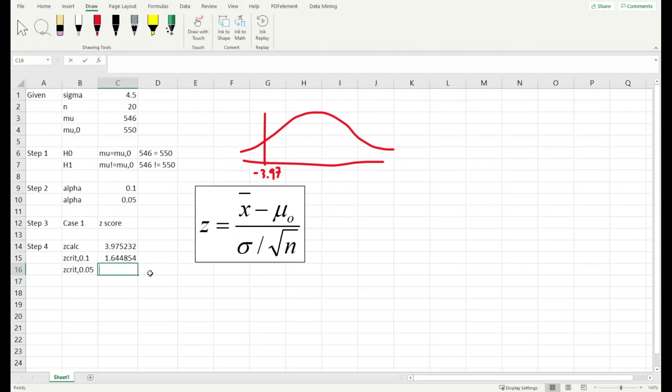Okay, so ito, we do the same. Z norm dot s dot inv ng probability of 0.975. Okay, parang ganyan.